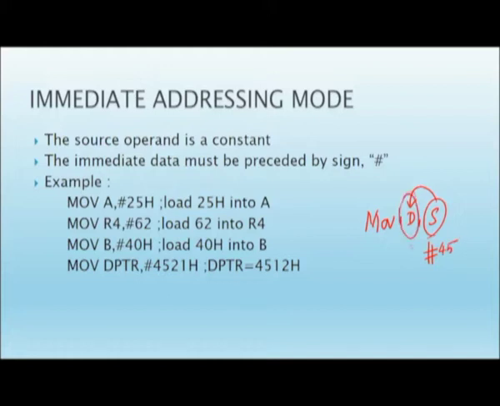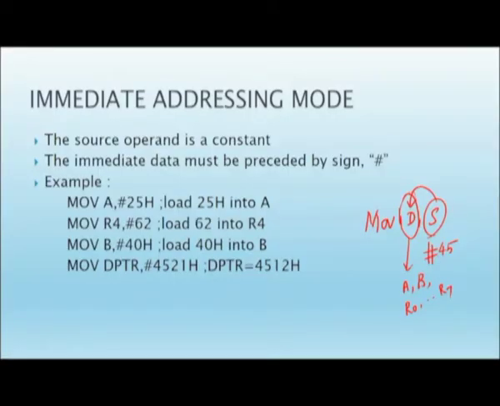Then the source is data and the destination is a register. What registers can you use? The accumulator, the B register, and any one of R0 to R7. The destination should be any one of the 8-bit registers, and the source is 8-bit. Based on that we use the immediate addressing mode.